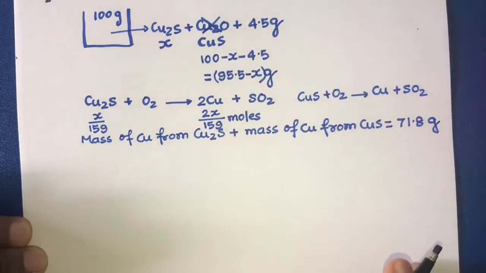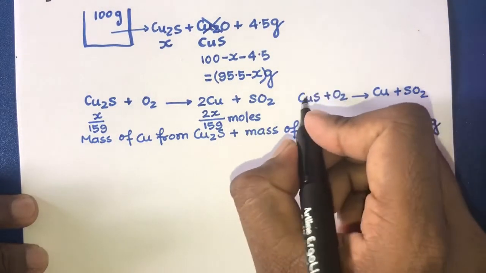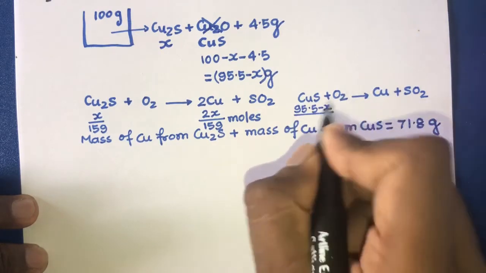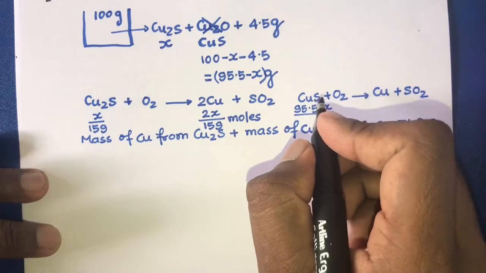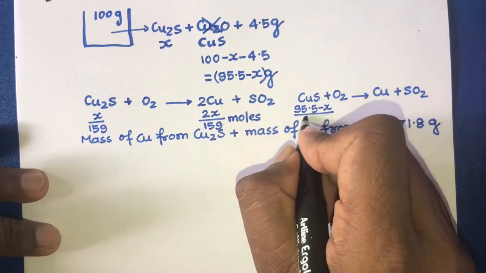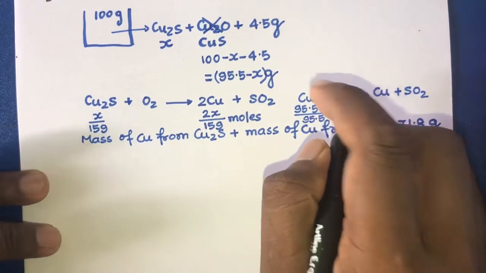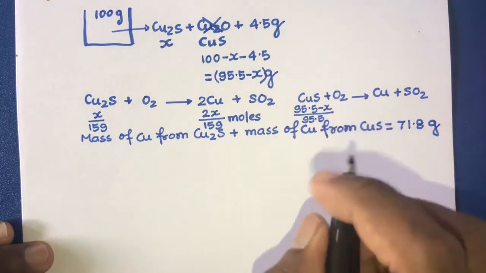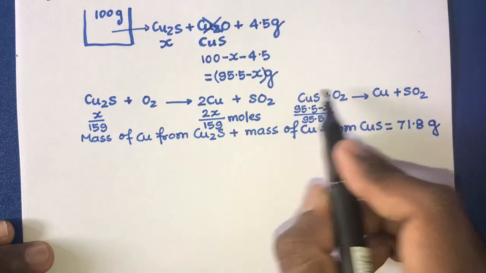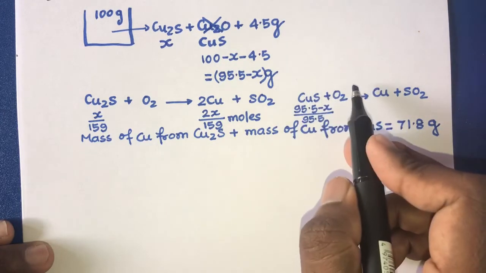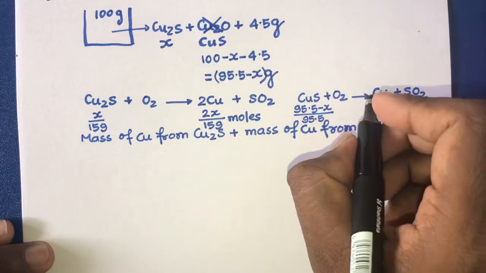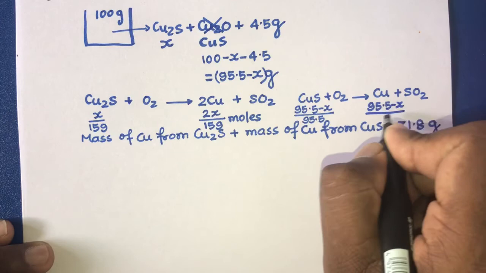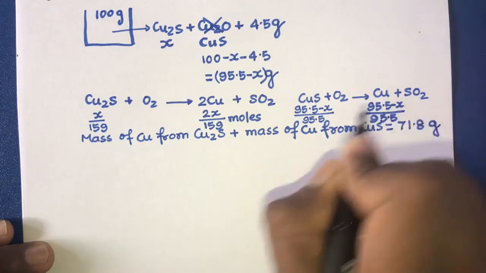Similarly, CuS is 95.5 minus x gram; converting into mole, with molecular mass 95.5, and coefficients 1 and 1 for CuS and copper, we get (95.5 minus x) divided by 95.5 mole.